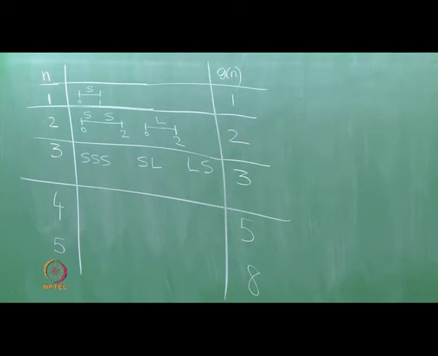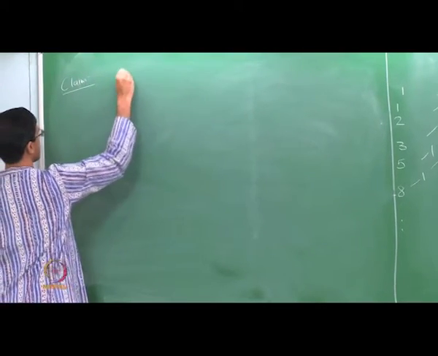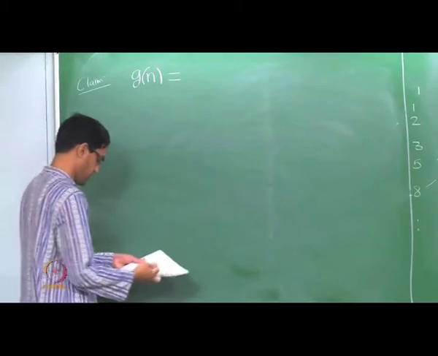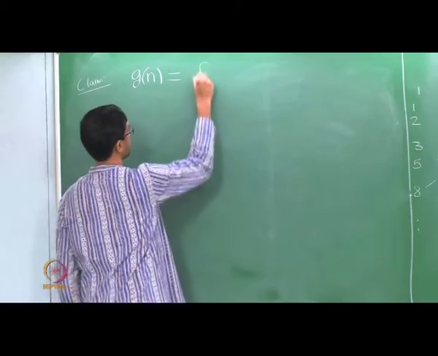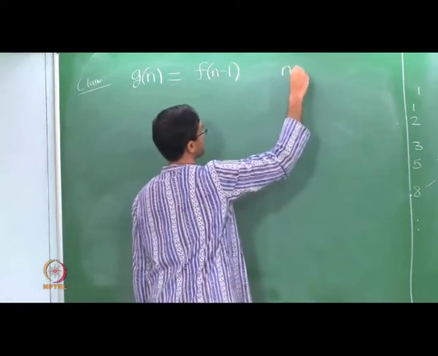So here's our claim: let's prove that g of n is actually the same as, let's call it, f of n minus 1. Okay, this is at least for n at least 2.